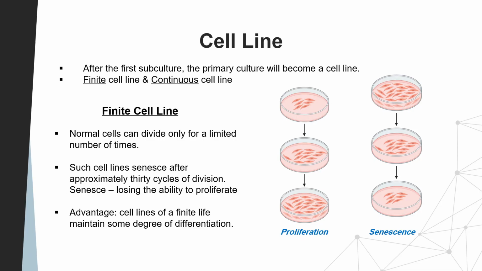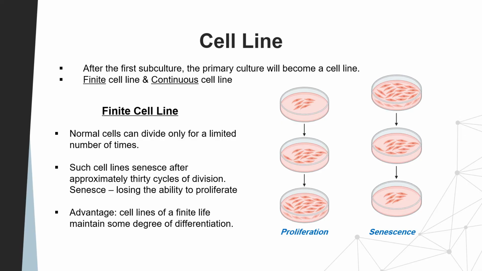There are two types of cell lines, the finite cell line and the continuous cell line. A finite cell line is also known as a non-immortalized cell line, and it refers to a population of cells that have been cultured in vitro for a limited number of passages before it reaches senescence or undergoes replicative exhaustion.